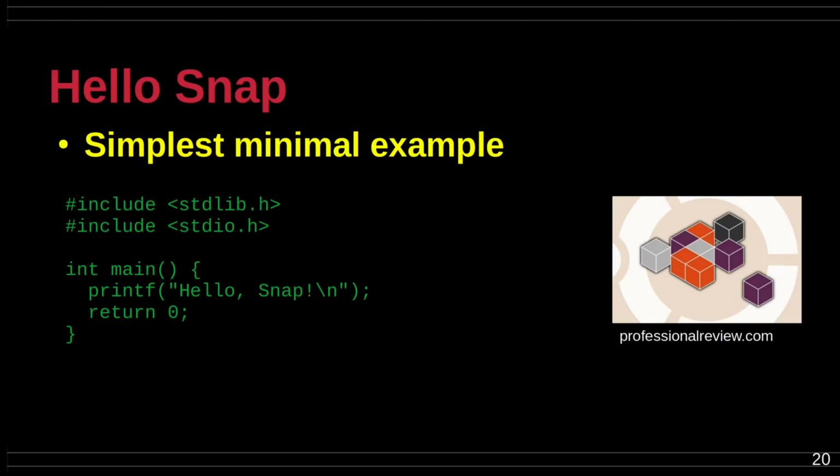The top section of the program defines the header files needed by the program. There is only one program called main. Within this main program, there are only two statements, one to print the string Hello Snap, the other to return a completion code of 0.